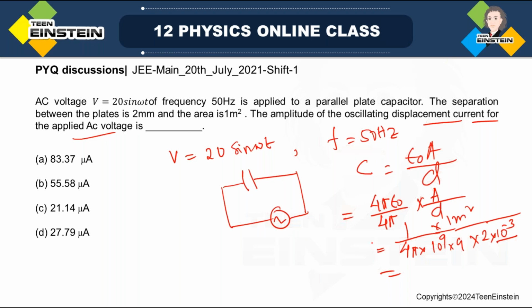Okay, so epsilon 0 A by D, these are all fine. So I should have got, okay, D is here, fine.